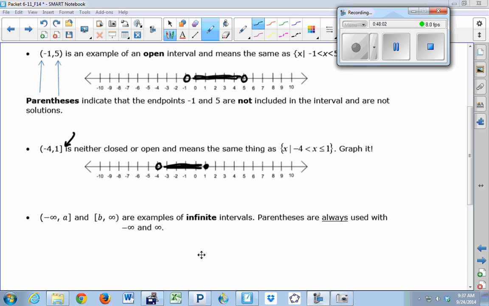No, no arrow, because it's bounded. If I were going out in either direction, Kieran, if I had something like this, that's a good question, because if you had something like this and something like this, I would need the union of two intervals to represent that. I would say this is -∞, comma, -4, because I'm not including the -4, and I always have to use parentheses when I'm talking about positive or negative infinity.